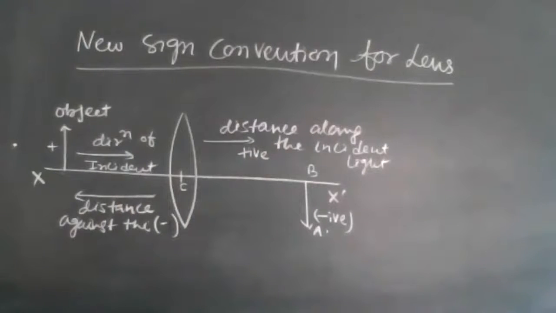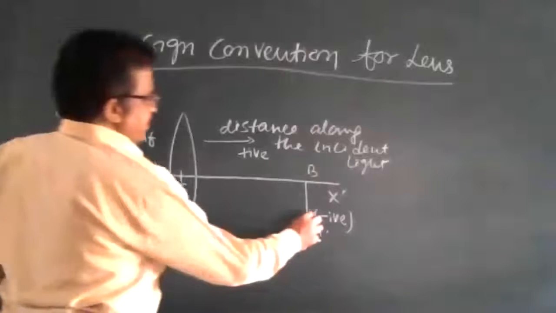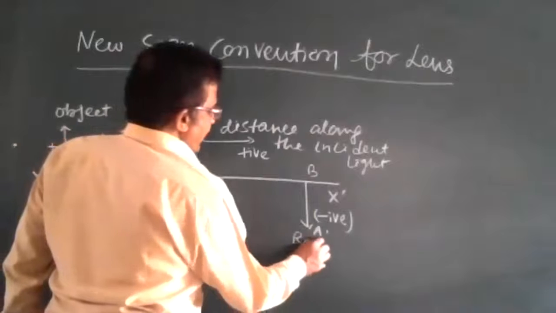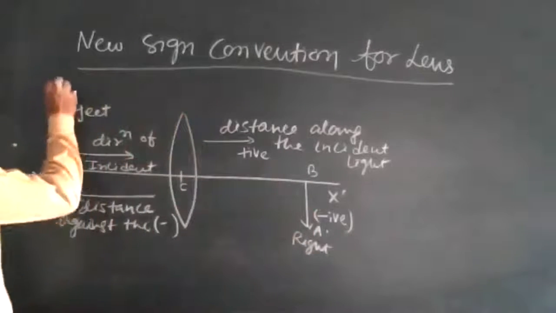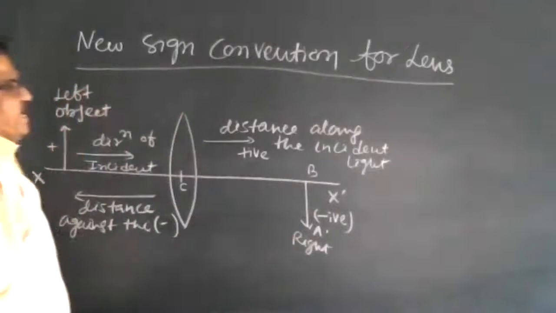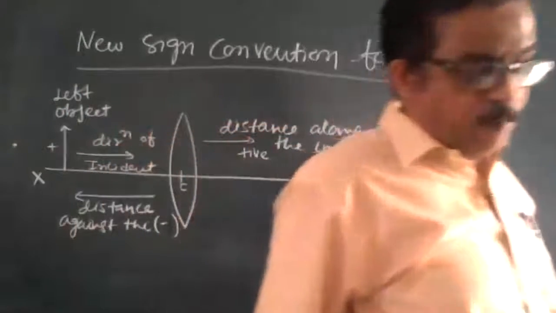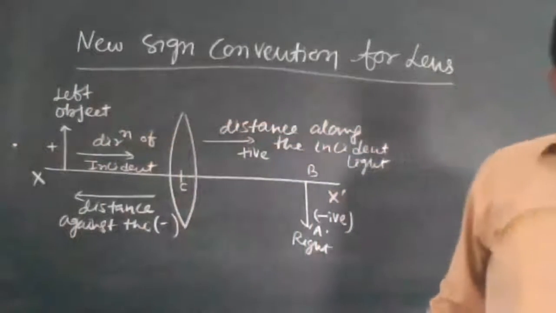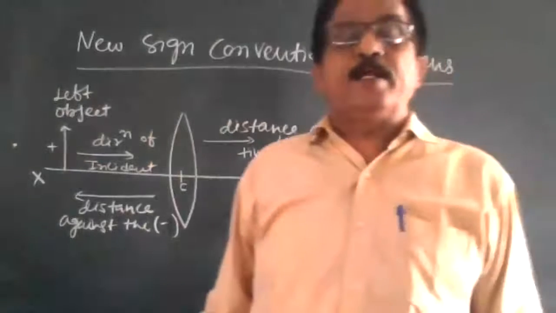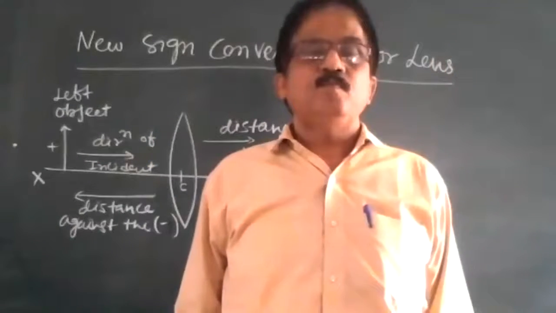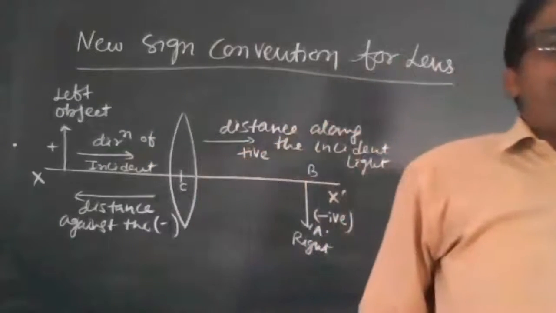Then the image is formed on right. Object is put on left. See that. Draw this figure, बच्चों, here. What is going on?